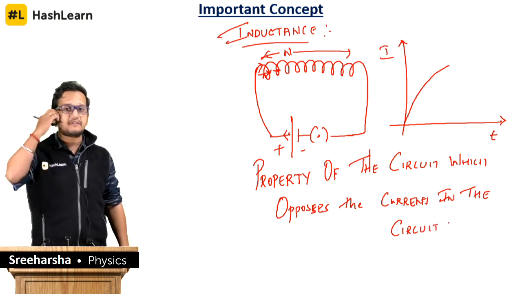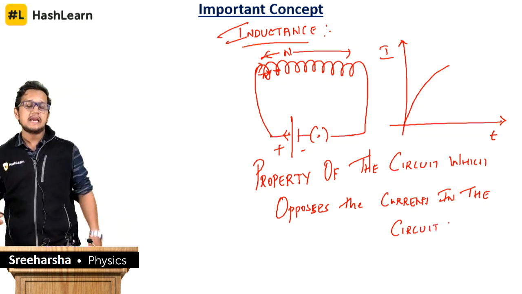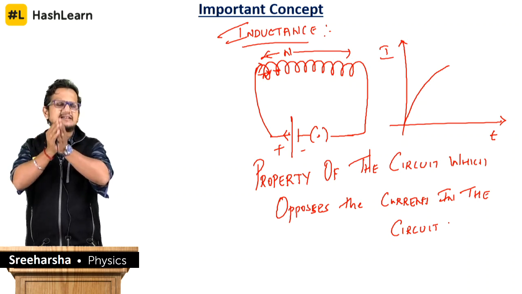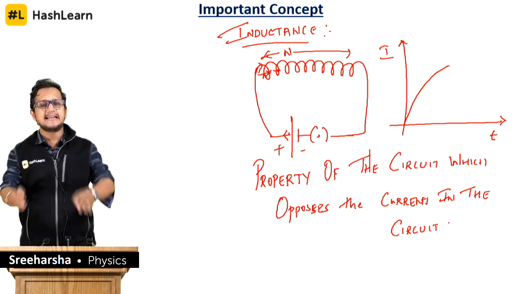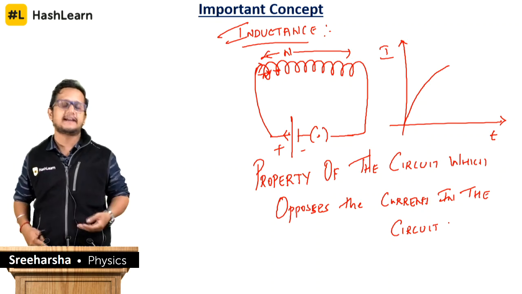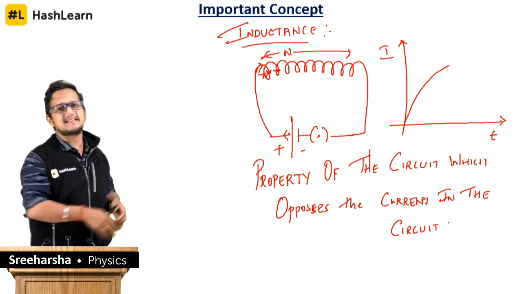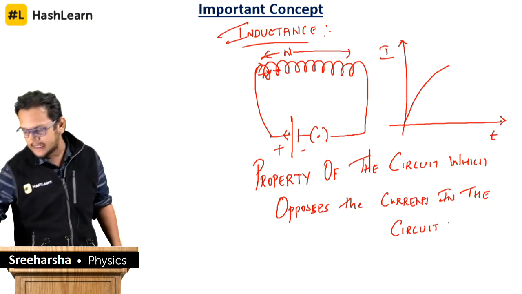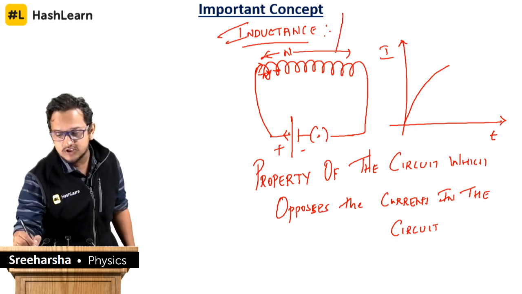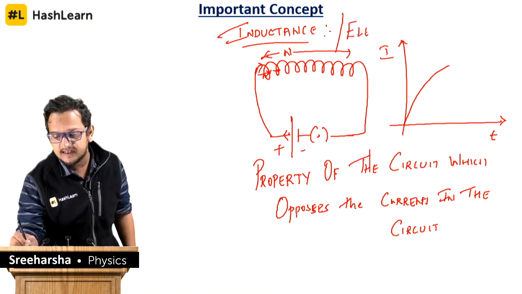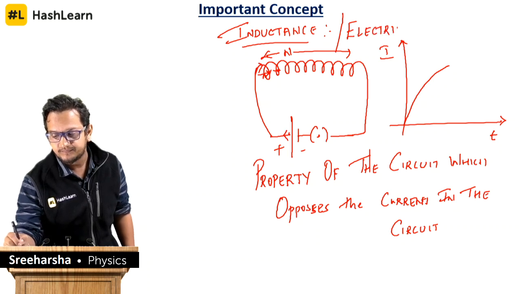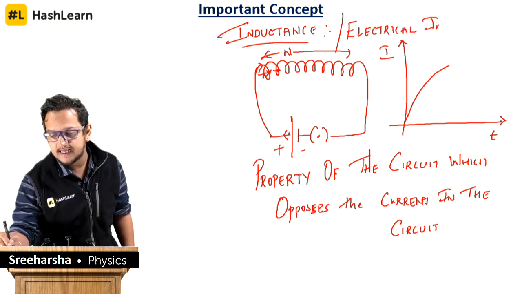And if you are familiar with this, students, we had studied the same concept in class 11 in a different context. If I compare this to mechanics, inductance is also called electrical inertia.